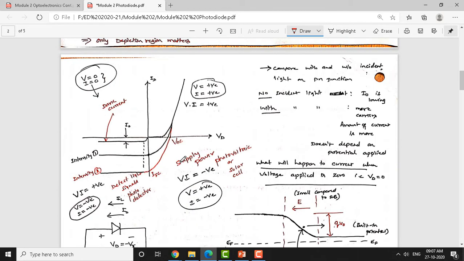Okay. Now, let us see what happens if you observe the characteristics. Earlier we have seen only diode characteristics, which have forward bias and reverse bias. This current we call dark current, because even though you apply reverse voltage here, the light photons are not incident, so a small amount of reverse current flows. And further, if you increase the photons, what happens?